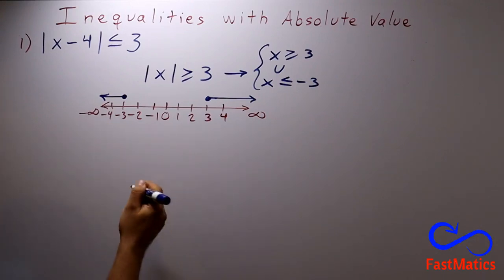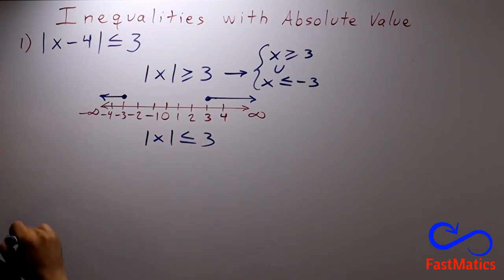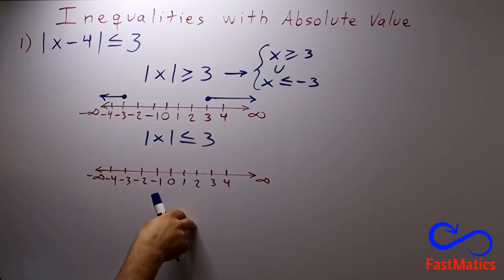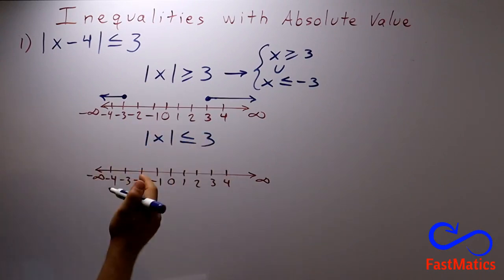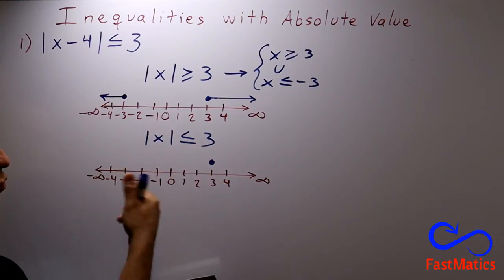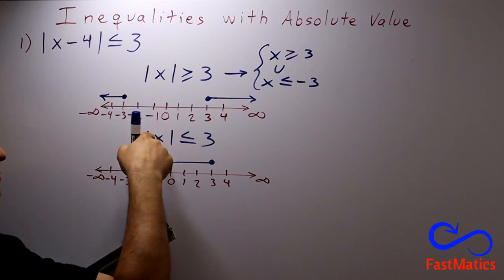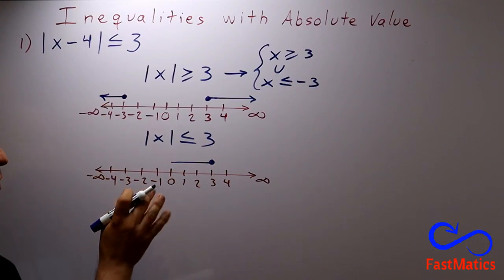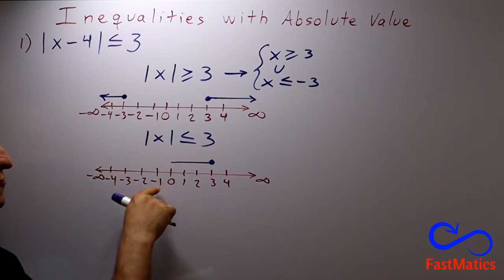But what happens if we have the absolute value of x less than or equal to 3? Let's analyze it. We draw our number line and we think of positive numbers less than or equal to 3. So less than 3 is 3, 2, 1, 0. But also, because we are considering numbers without the negative sign, imagine you don't have negative signs.